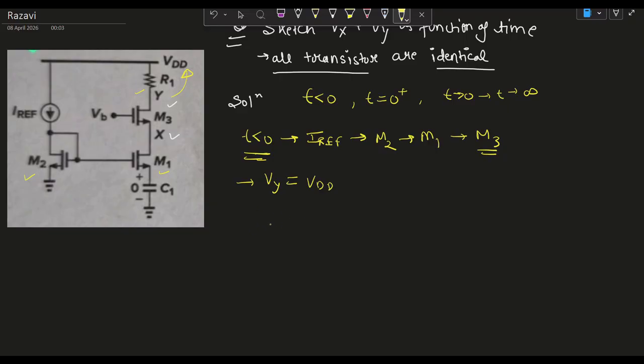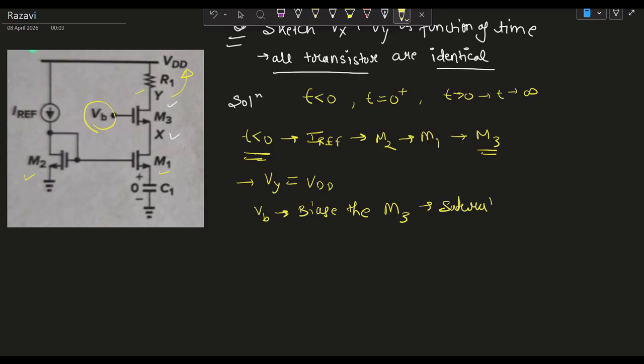For the Vx part, first there is a constant bias voltage Vb, which is there to bias the MOSFET M3 in saturation.